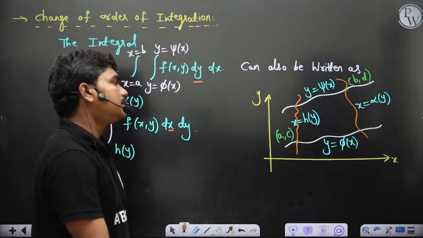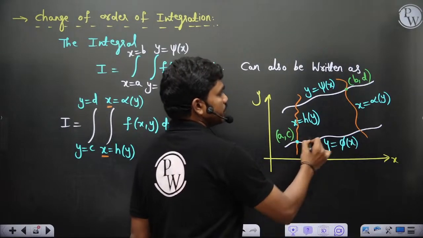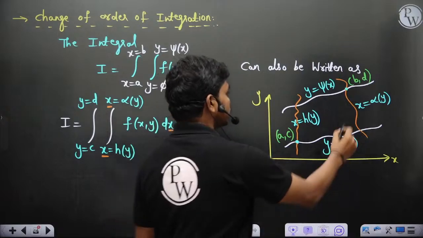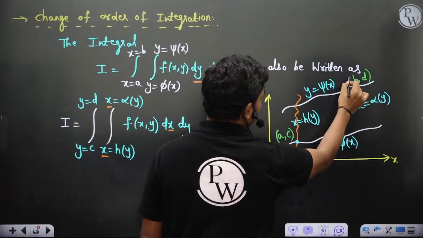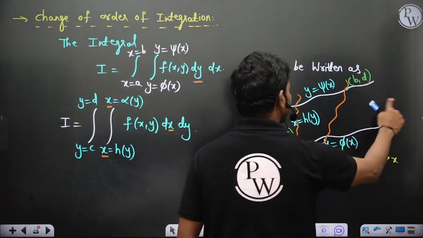So better, then this is x is the least value here, and y is the least value here, and y is the largest here. X is also, again this curve also will modify slightly, something like this, okay? So x is equal to alpha of y.